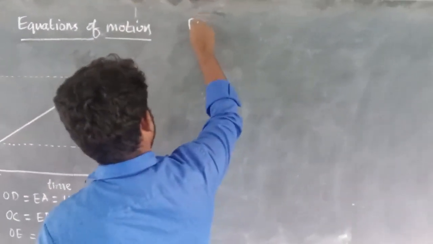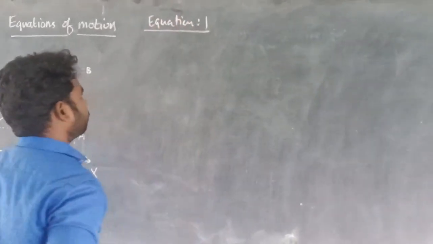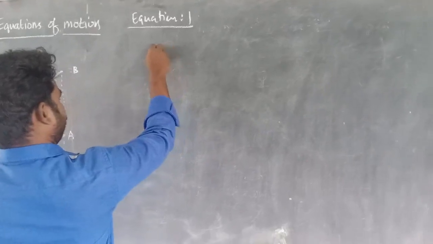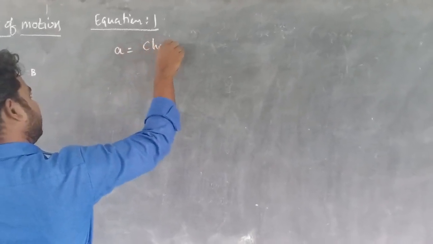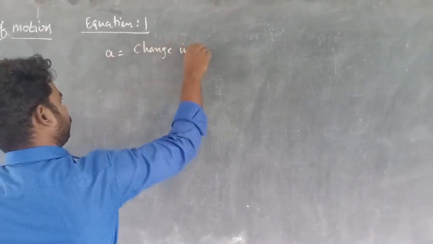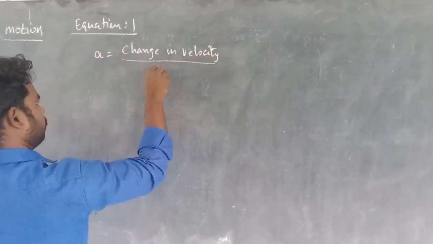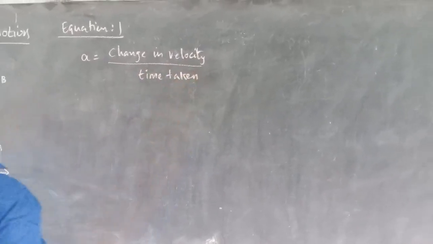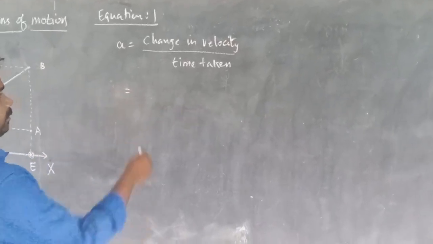So the equation 1, first of all we have to find this equation 1. You know the formula of acceleration. Acceleration is equal to change in velocity by time taken. How can you write the change in velocity?